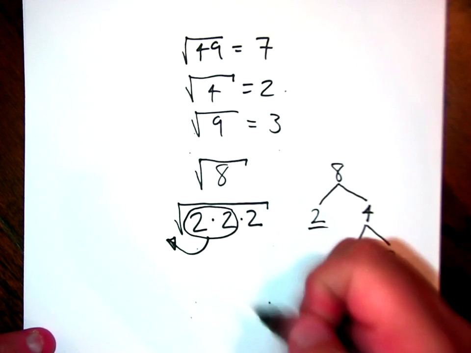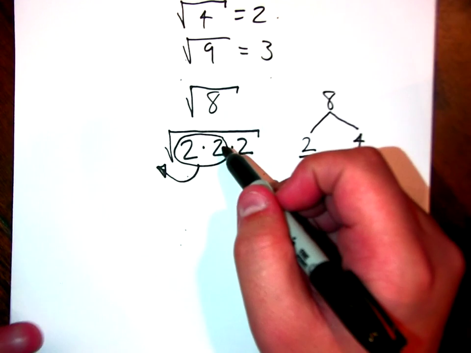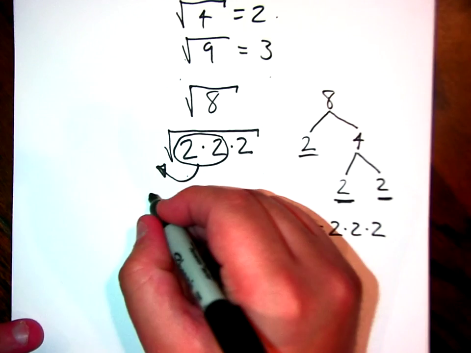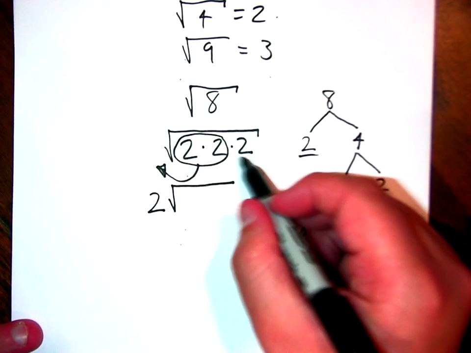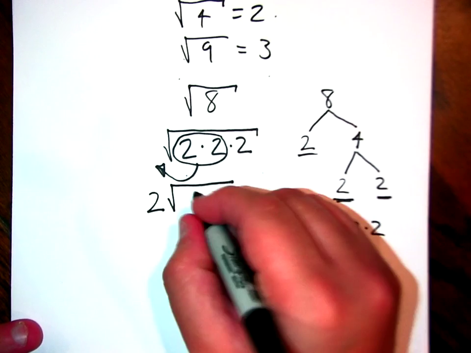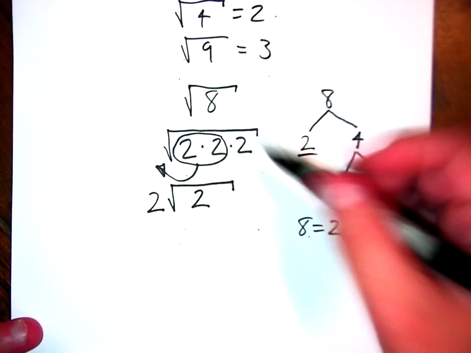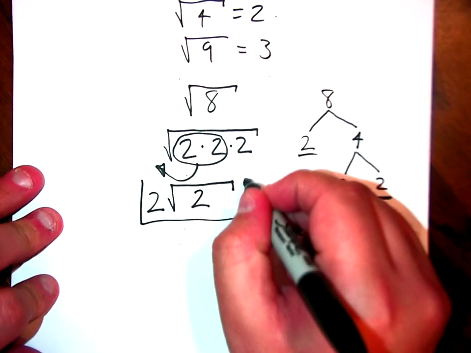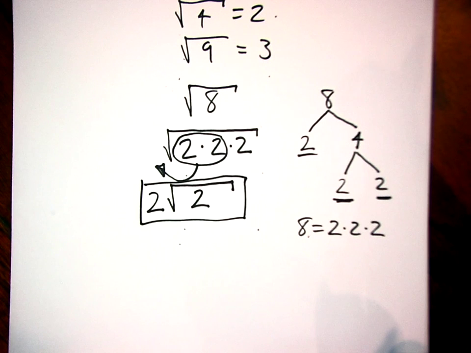So once we find that pair of 2 numbers that are the same multiplied together under the radical, they can come outside the house, the radical, and whatever's left inside, this lonely 2 here, gets left behind. Okay, so our simplified version of the square root of 8 is going to be 2 times the square root of 2. And that's also sometimes said as 2 square roots of 2.